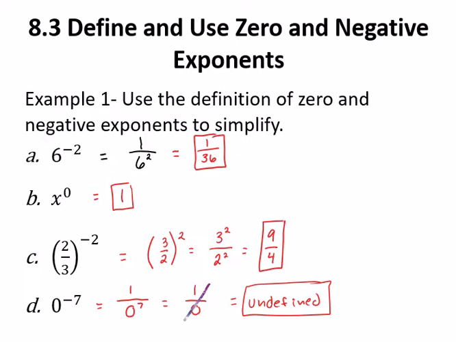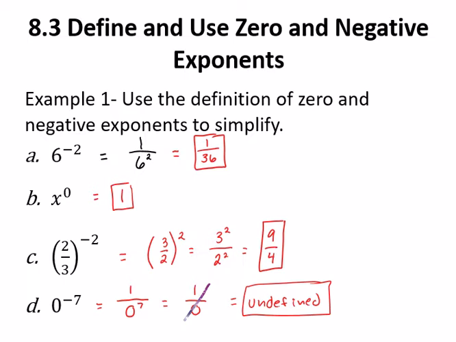Alright, so part B, anything to the 0th power, no matter whether it's a number or a variable, is 1. And then there are a couple of different ways to show your work for part C. That negative exponent tells you to take the reciprocal. And then don't forget to distribute that squared exponent to both the numerator and the denominator.